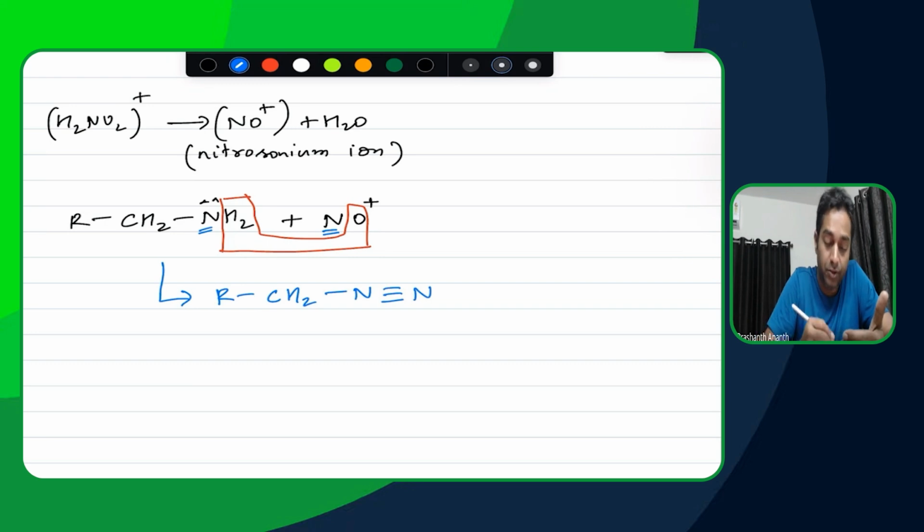Have a look at the structure. This is the structure with a plus 1 on this nitrogen here. This is called your diazo compound.